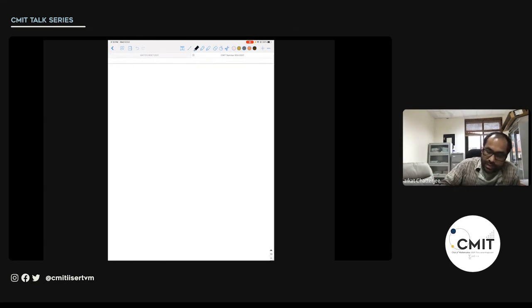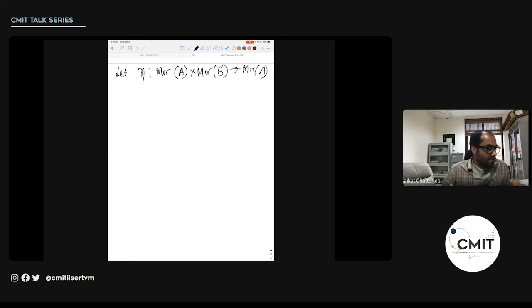So again, let A and B be categories. Suppose eta is a map from, let me check, I forgot the conditions actually. Yeah, eta is a map from, let's say, mod A times mod B. This map is only defined at the morphism level. This is just a map that has to satisfy these conditions.